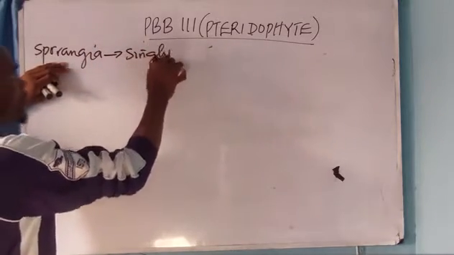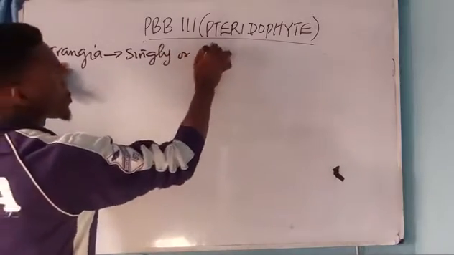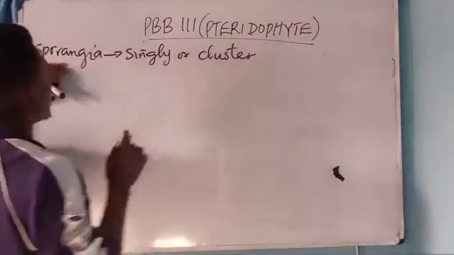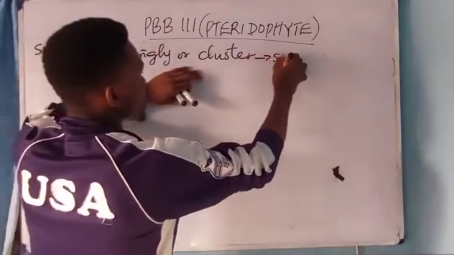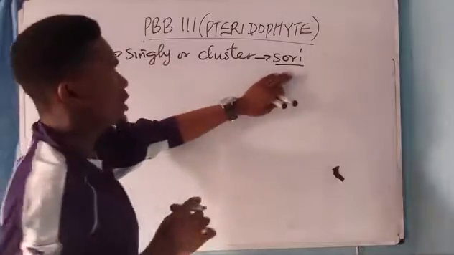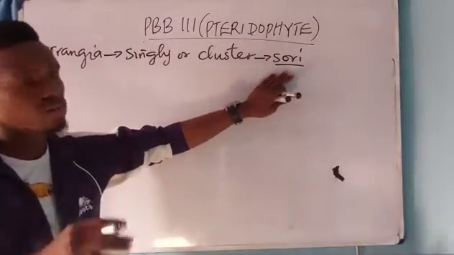Now, the sporangia, when they occur singly or in form of cluster, they form what is called what? Sori. Sori is plural, while soros is what? Singular.